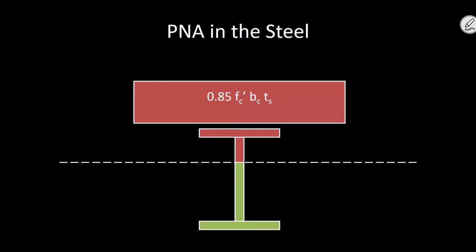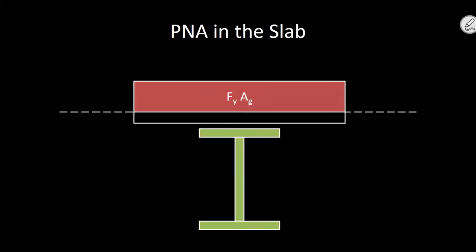Now, I want to talk about Mp, the plastic neutral axis. If the plastic neutral axis is somewhere in the girder, then this is compression, this is tension, and the force in the slab is 0.85 f'c times the area. Sound good? Now, if it's in the slab, I propose that this force equals Fy times Ag, and you go, wait, whoa, no it doesn't. It's 0.85 f'c times something, right?